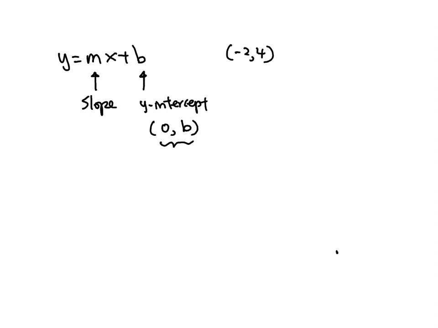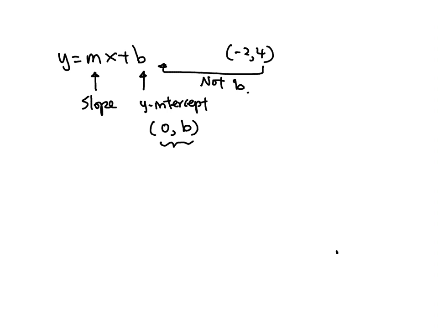So this is not b, because the x value is not 0. So you can't just plug that in for b. That seems to be a very common mistake for students. They see a point, they just plug it in without thinking about whether it is okay or not.